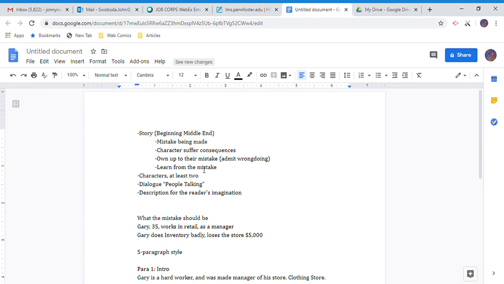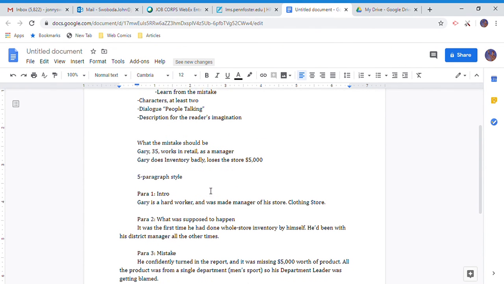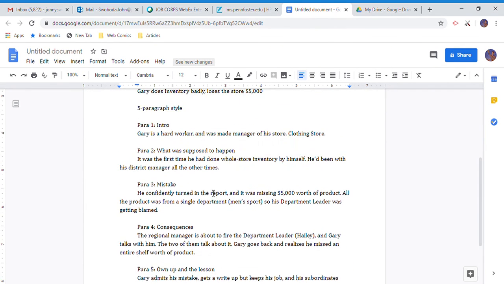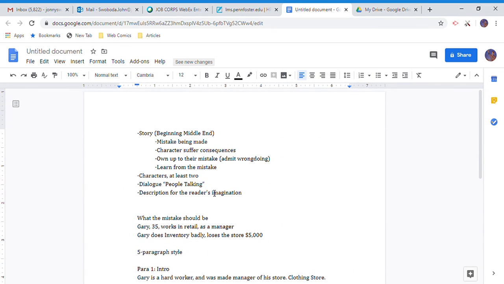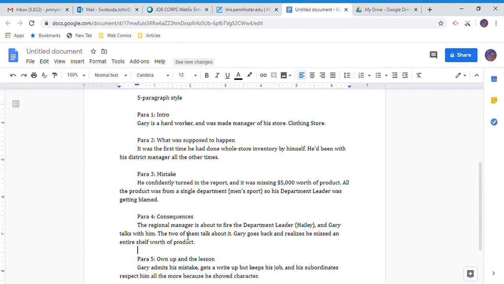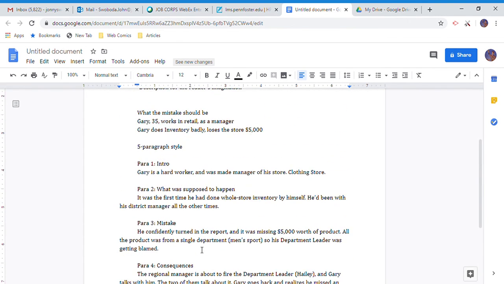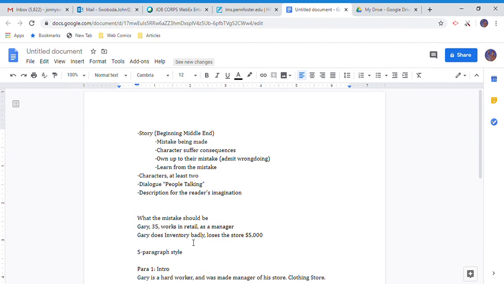See that? Now, it's pretty easy for me to come up with a story that quickly. I've been doing this for a while, but it shouldn't be too terribly hard for you either. So that's the essay. It needs to be a story. It does not have to be about you. Mistakes have to be made.